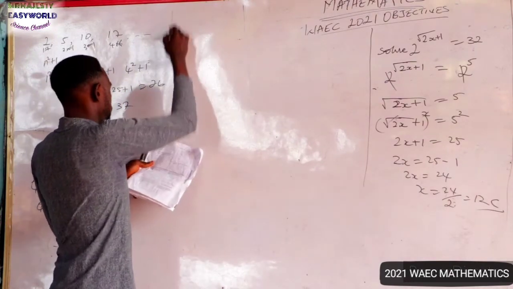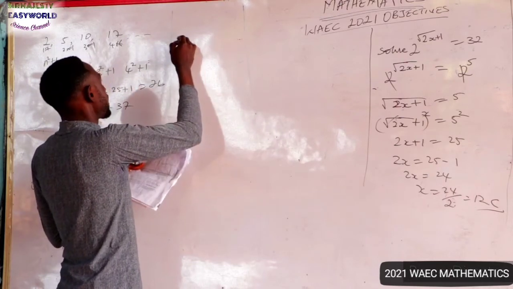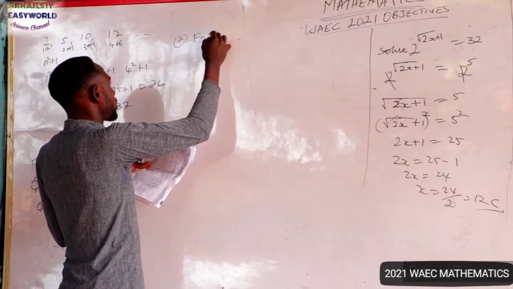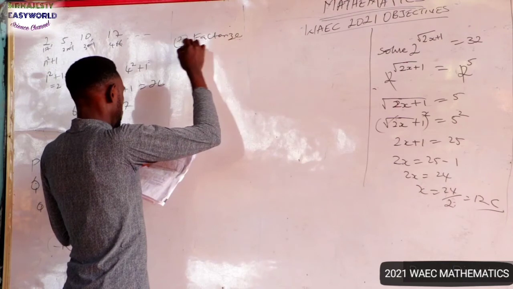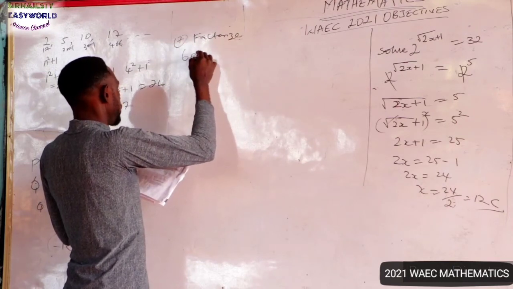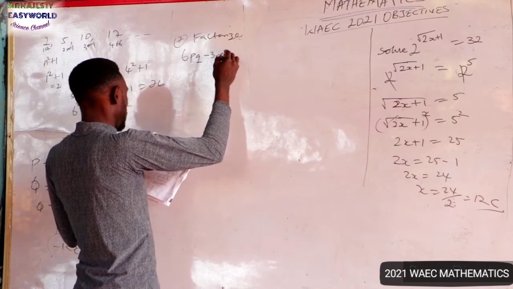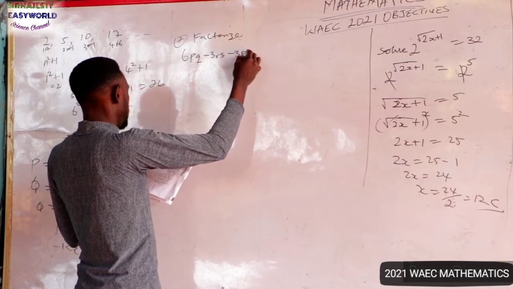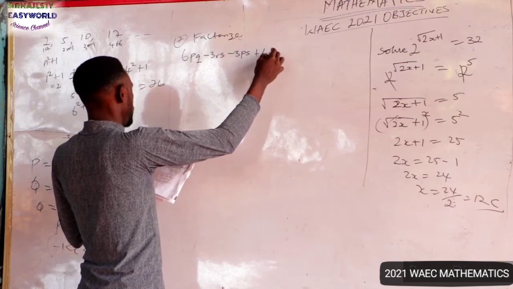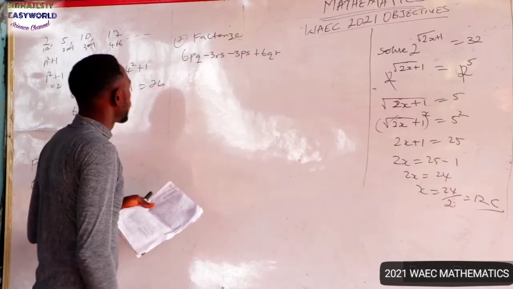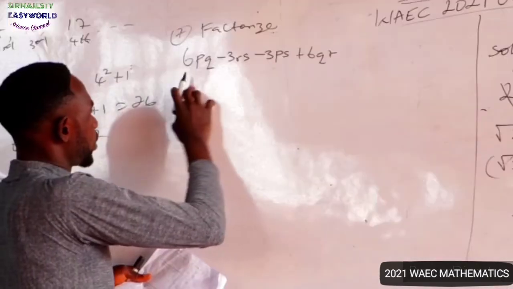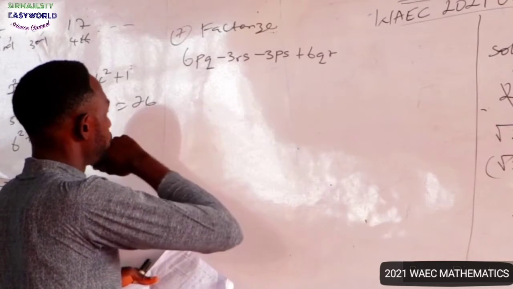Factorize, that's question number 7: 6PQ minus 3RS minus 3PS plus 6QR. Okay, you have to factor 3 out because these terms can be divided by 3.